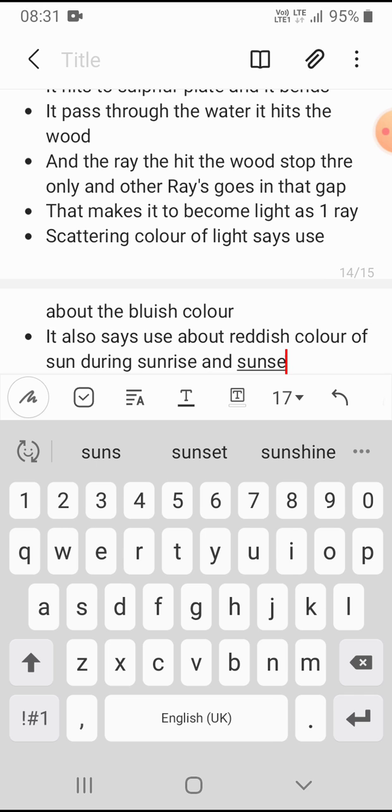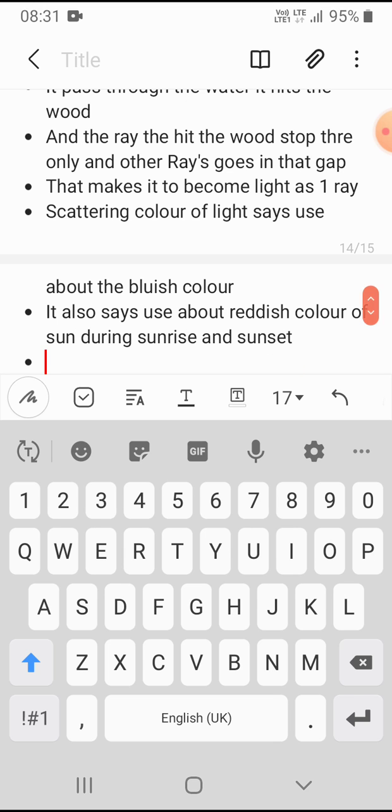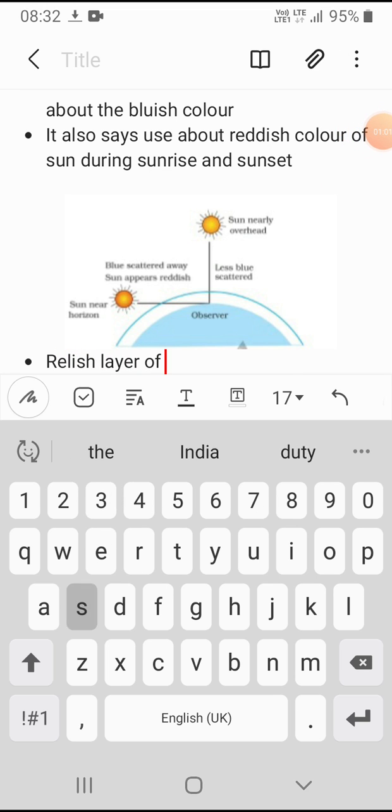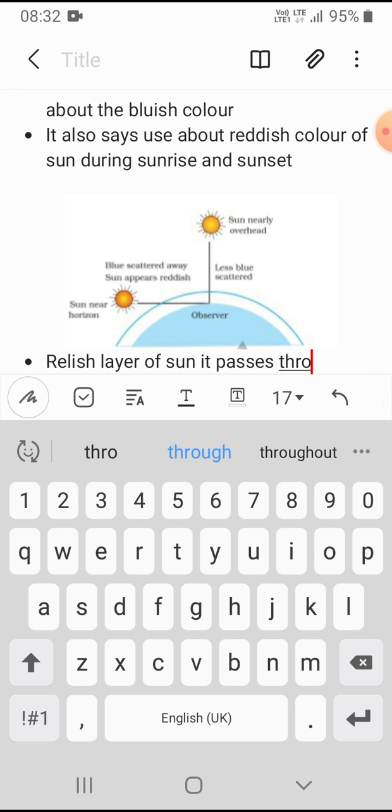In sunrise and sunset, why it is reddish, it will say. So the sun is near the horizon, passing through the horizon, as you can see here.